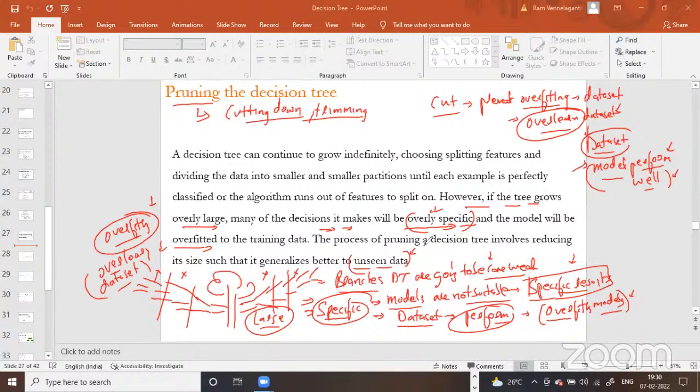That is the advantage when you apply this pruning concept on your decision tree. Pruning is nothing but controlling the size of your decision tree, and you can prevent the problem of overfitting. That is the concept, so write it down in your notes. To prevent the problem of overfitting, you can apply the concept of pruning.